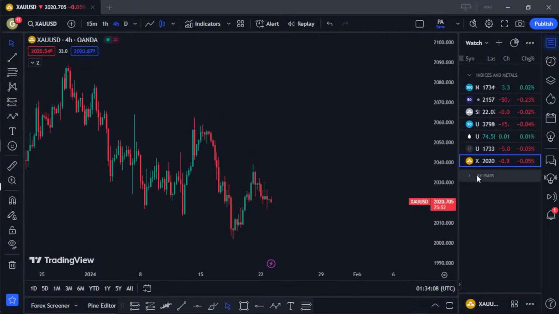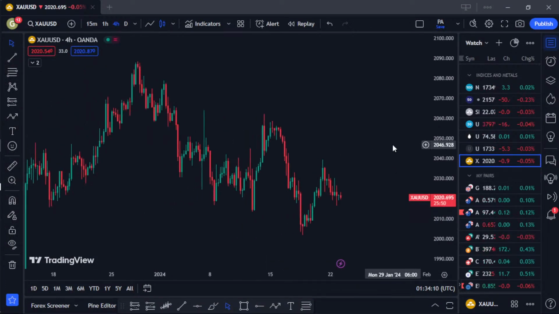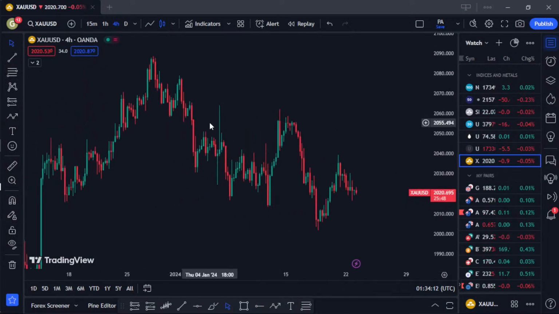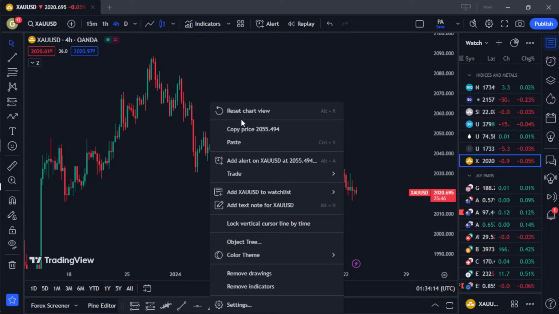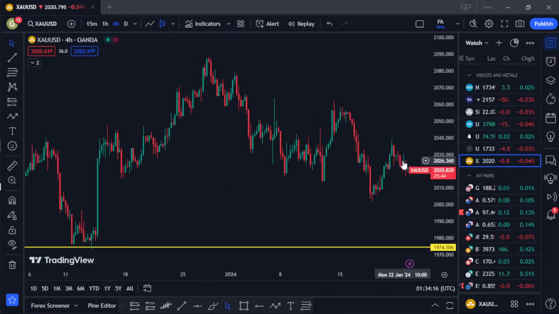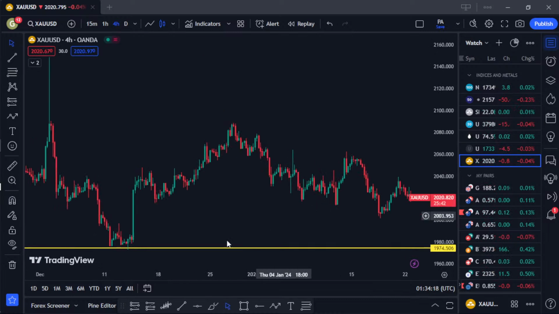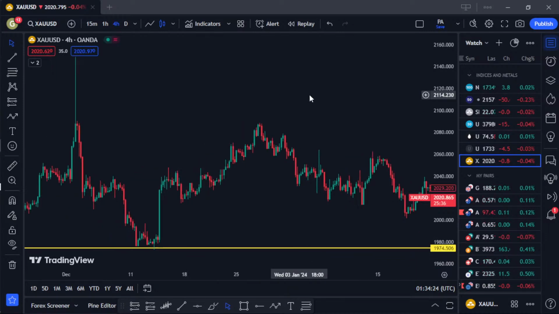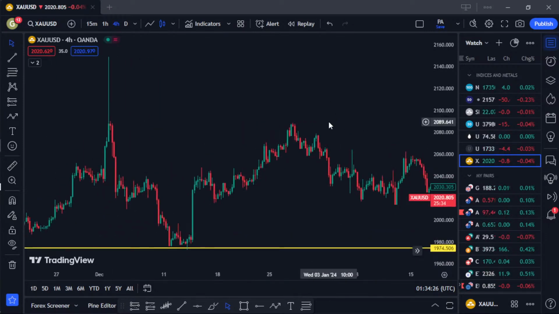So for here now, let's take a look at XAUUSD. So I'm using the 4-hour time frame, which is the same time frame I'll be using for all my other markets. And then the first thing is, here's our key support area at 1974.506. And then if you take a look at the higher time frame, here is our resistance area.